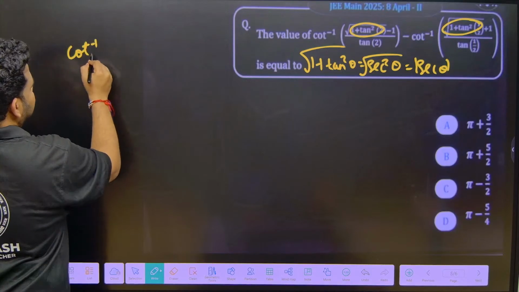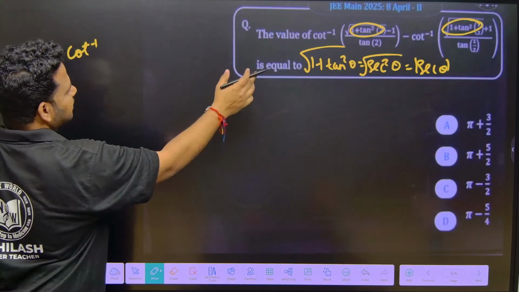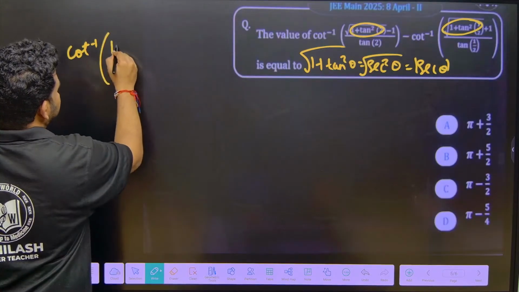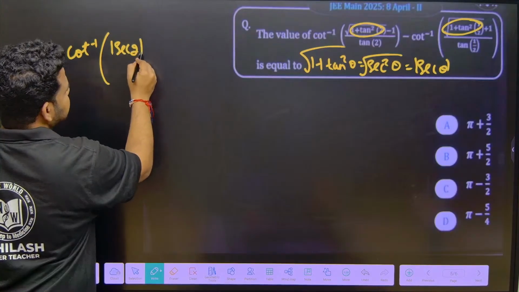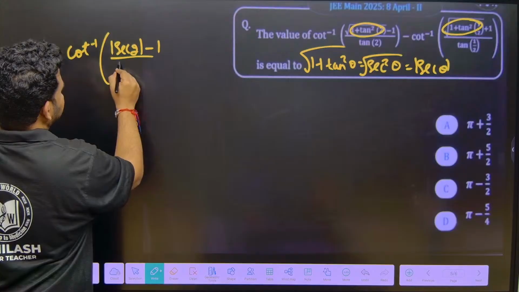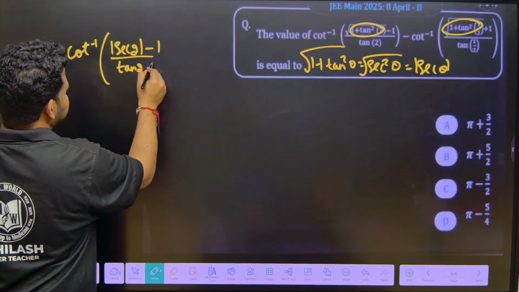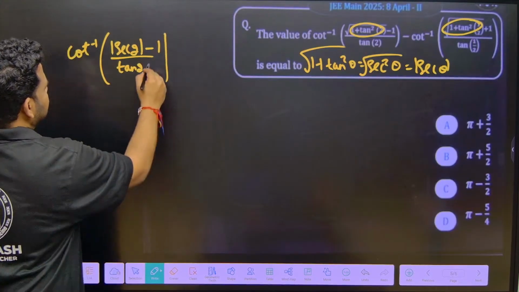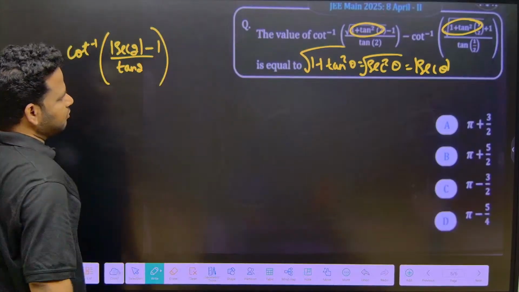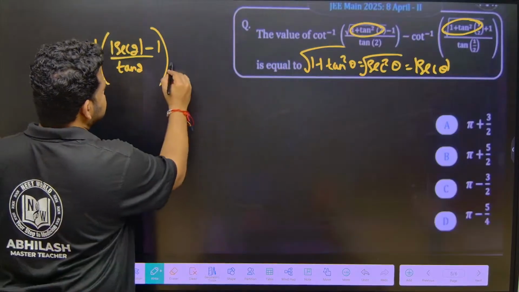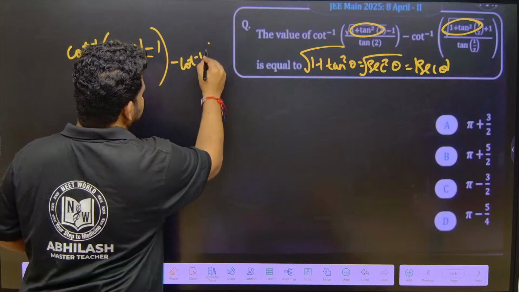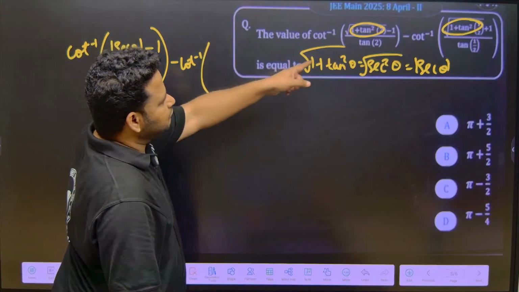Cot inverse of, whatever is inside. So 1 plus tan square 2 will become mod of secant 2 minus 1 by tan 2. Now next thing, minus cot inverse of square root of 1 plus tan square 1 by 2.